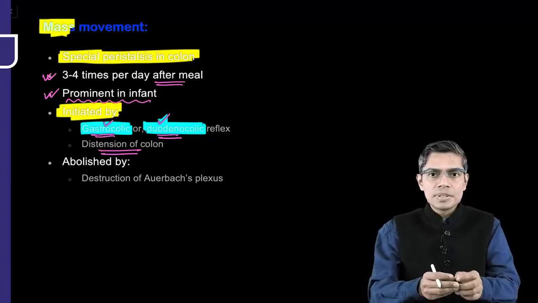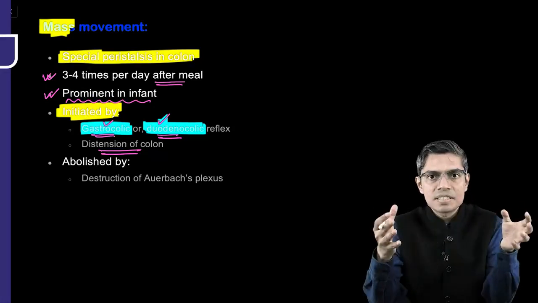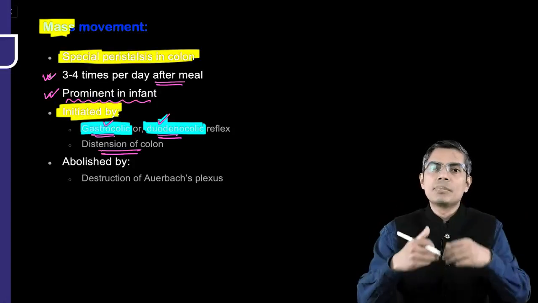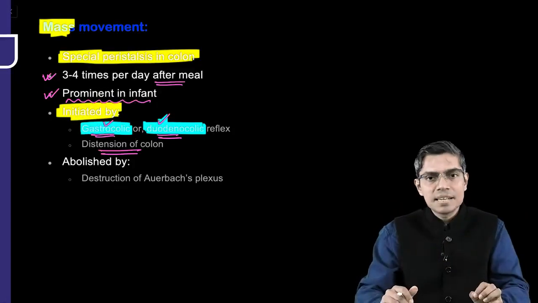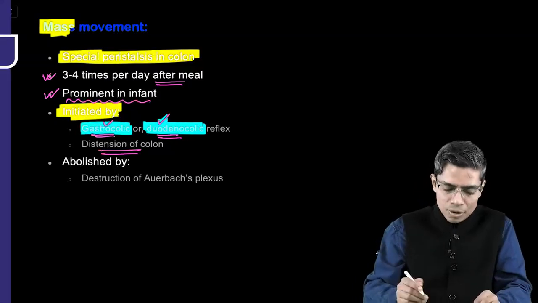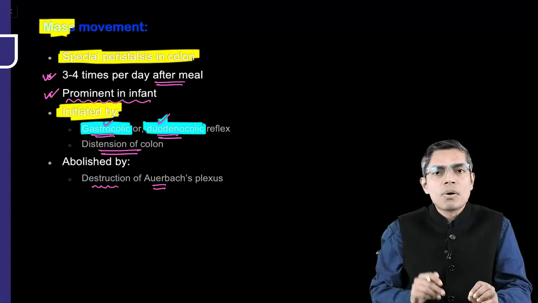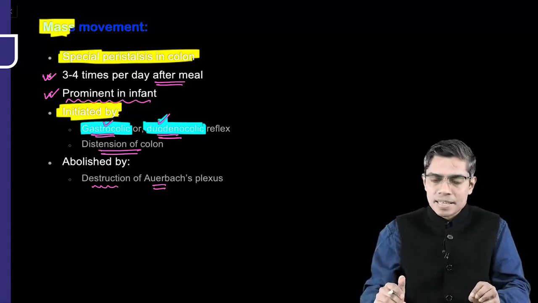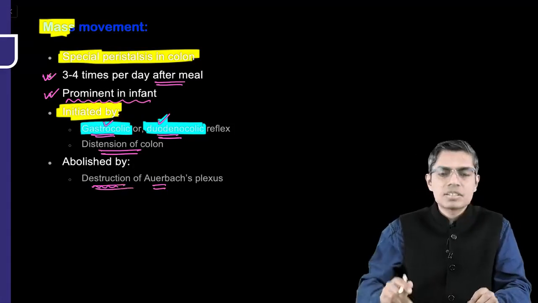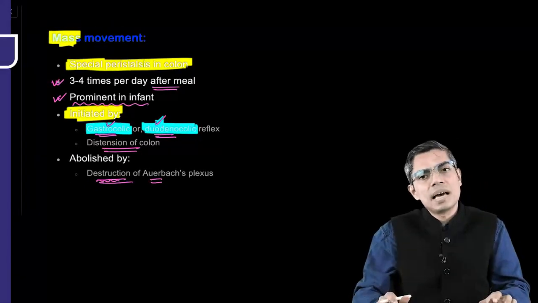So if you introduce any probe in the colon and dilate or stretch the colon, then also the colonic motility enhances, right? That can typically be seen during colonoscopy. And obviously, the motility is controlled by the Auerbach plexus or Meissner's plexus. So if you cause destruction of this plexus, then obviously the mass movement will be abolished.